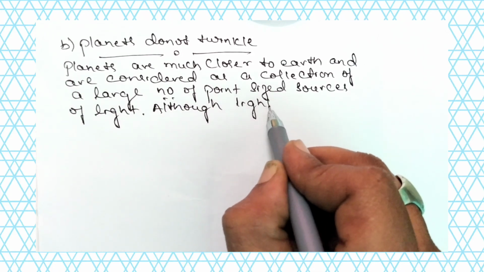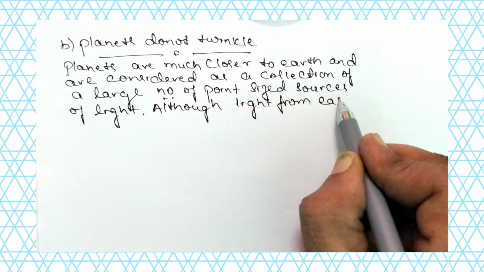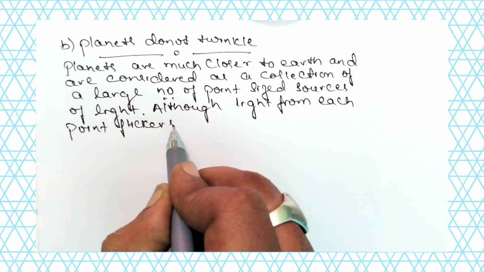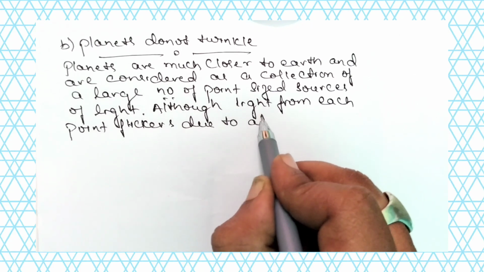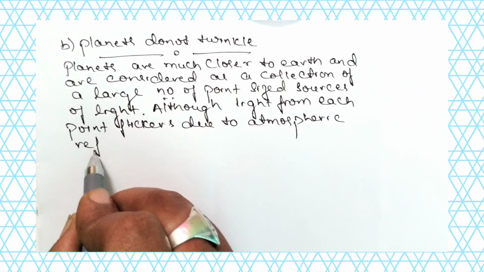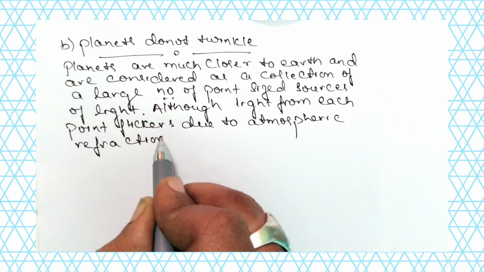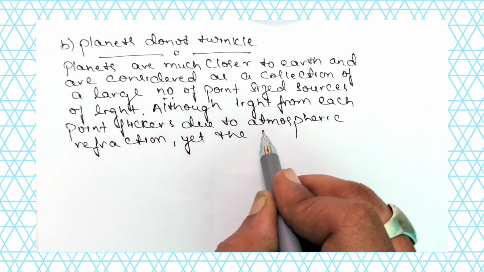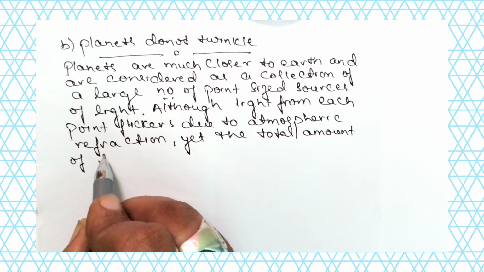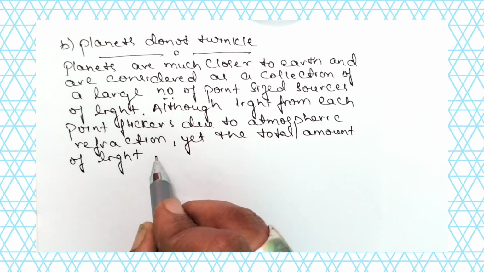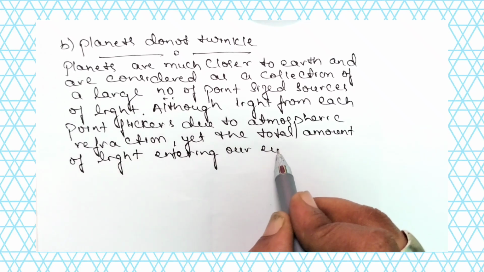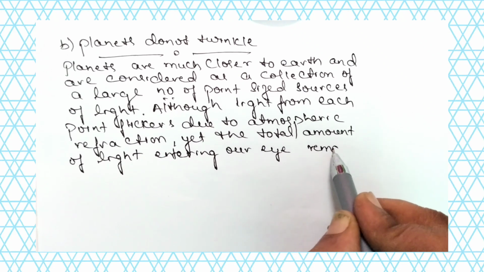Although light from each point flickers due to atmospheric refraction, yet the total amount of light entering our eye remains unchanged.